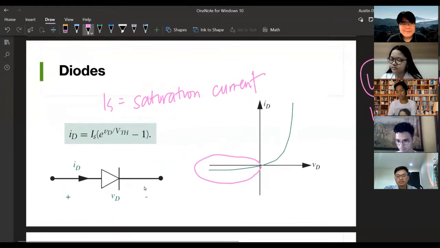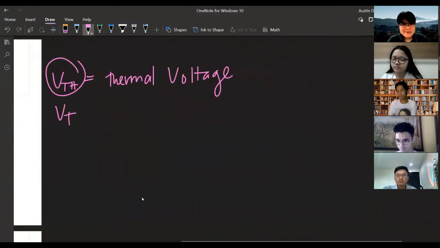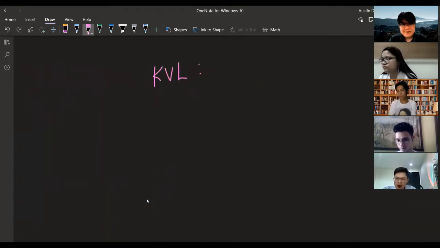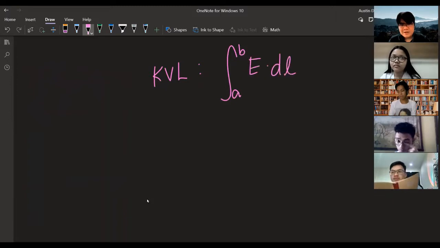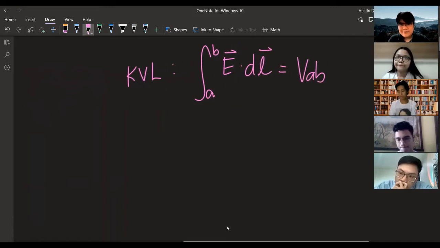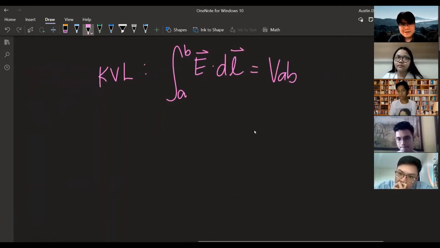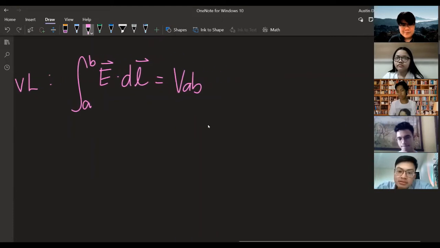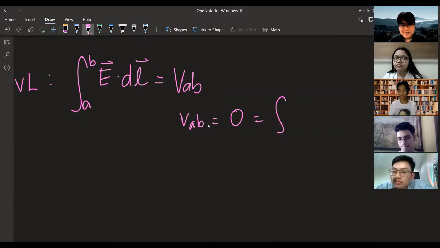Okay, so KVL is a product ng, naalala nyo pa, hopefully, yung potential, di ba? Line integral siya ng electric field, and kapag umikot ka, bumalik ka sa starting point mo, VAB is 0 kapag B is equal to A. Okay?